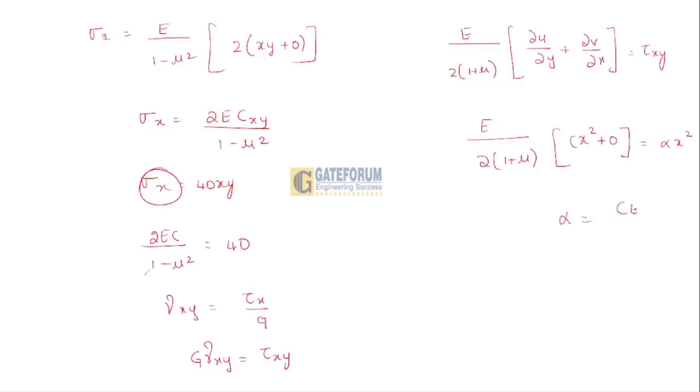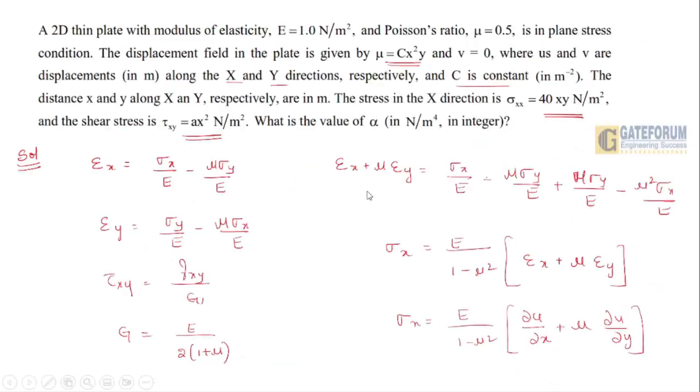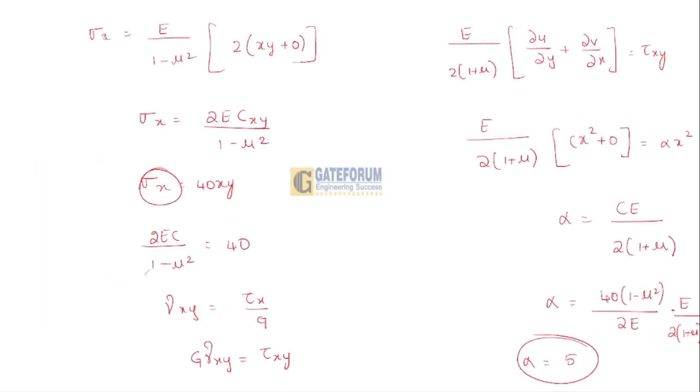Alpha is equal to CE by 2 into 1 plus mu, where alpha is equal to 40 into 1 minus mu square by 2E into E by 2 into 1 plus mu. From here alpha is equal to 5 you are going to get. Substituting the values given here, you will be getting alpha is equal to 5. By this, we have completed the questions of GATE 2023 Civil Engineering.